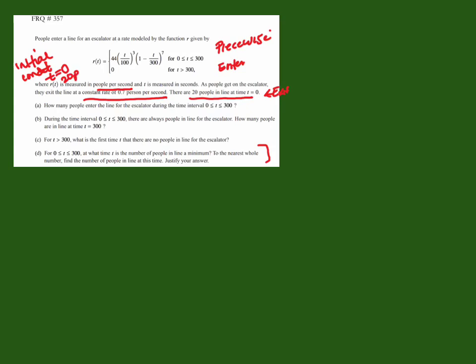Now, the first thing is how many people enter the line during the time 0 to 300. That's a simple integration. We don't need to worry about change or the original amount.